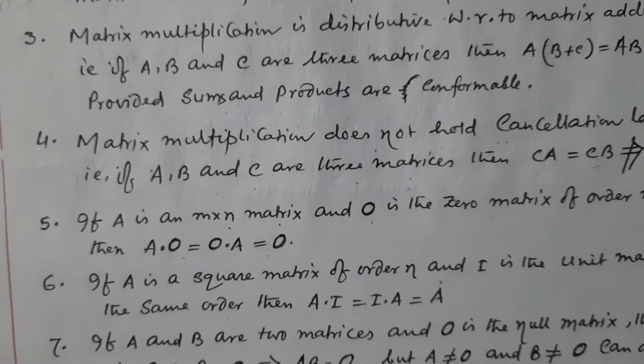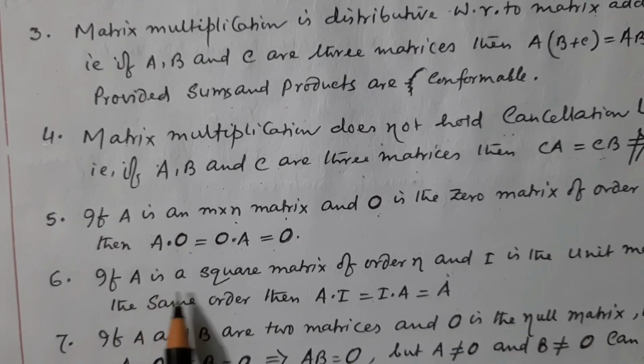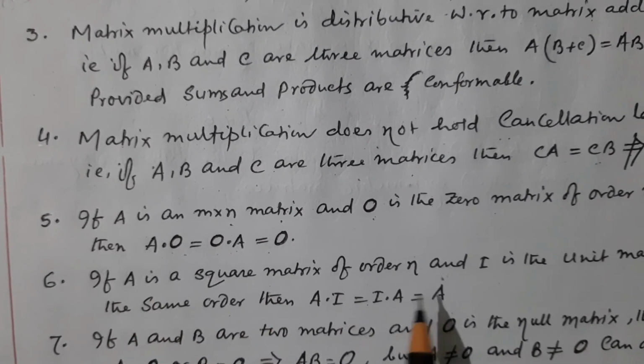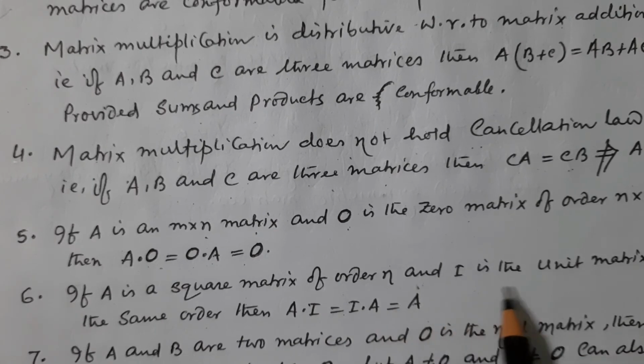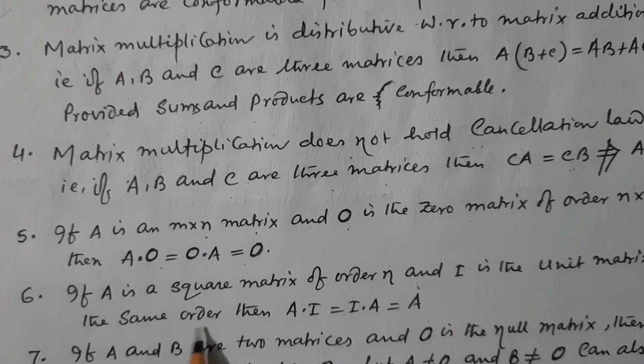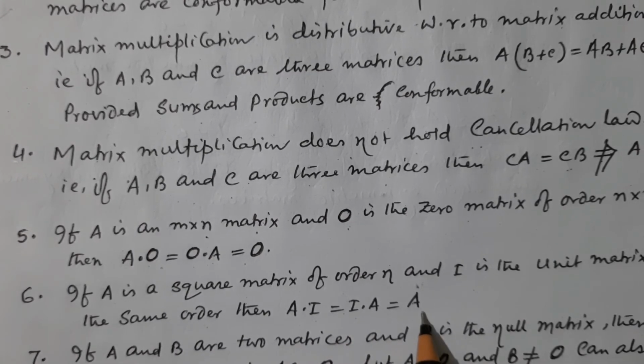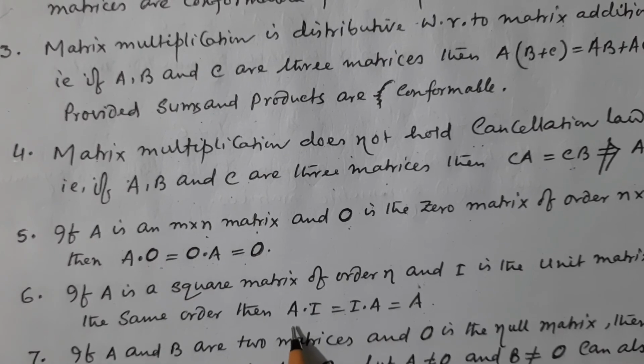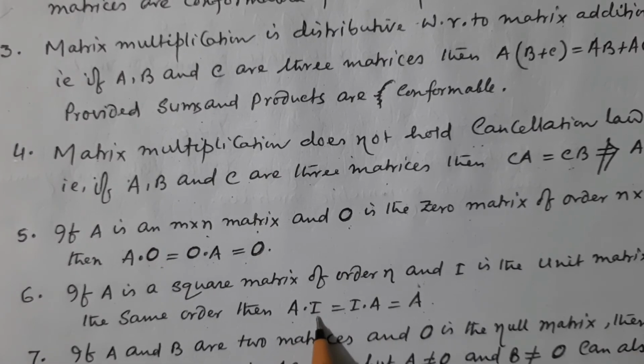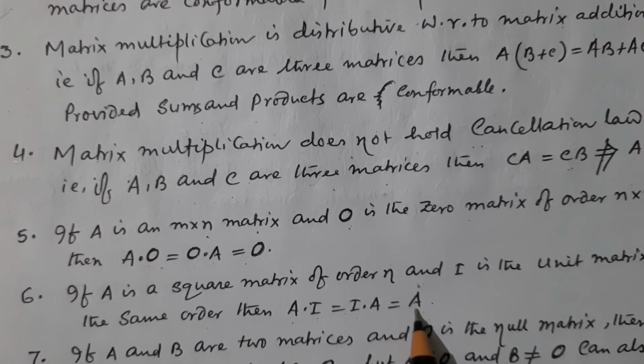Number 6, if A is a square matrix of order N and I is the unit matrix of the same order, then A into I equals I into A, which equals A. If we multiply any matrix with the identity matrix, we get that matrix.